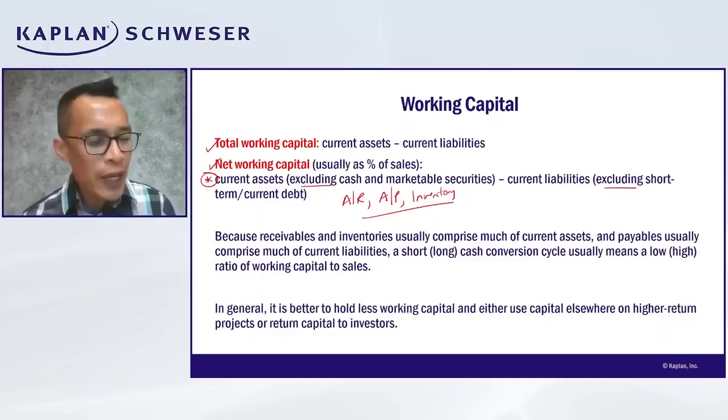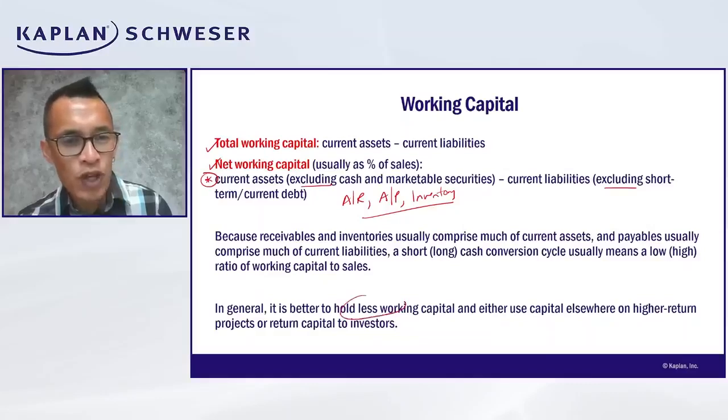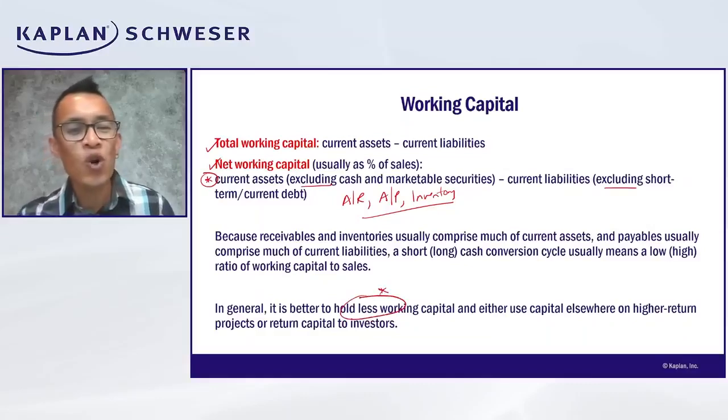Now, when looking at the opportunity cost of capital and the capital allocation decisions, the rule here is to minimize the working capital holdings, right? Because they are generally less productive, okay?